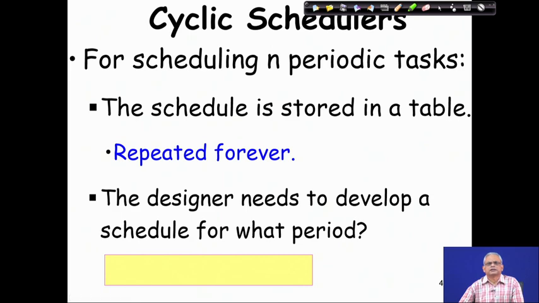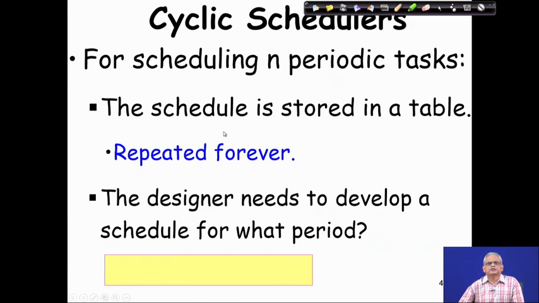In multi-rate we have multiple tasks which require running at different periods. Some may require running every 100 milliseconds, some may be 500 milliseconds, some may be 2000 milliseconds, etc.